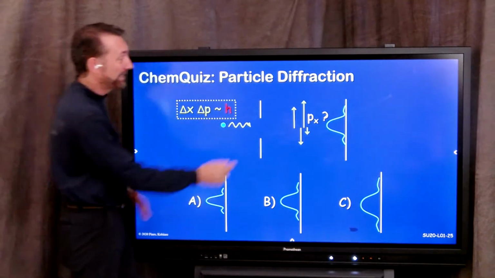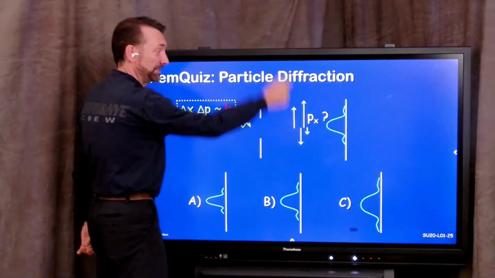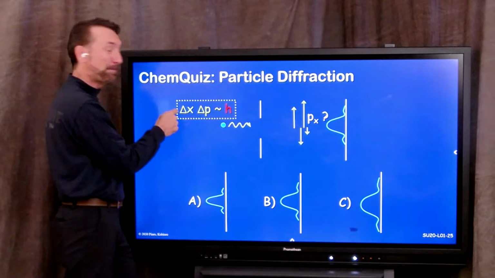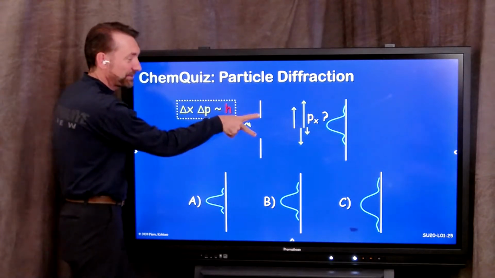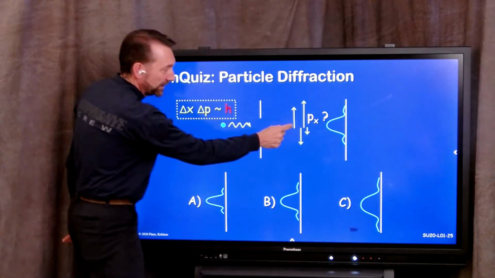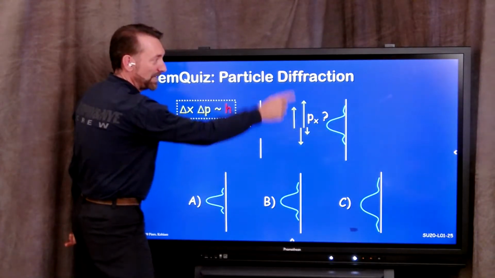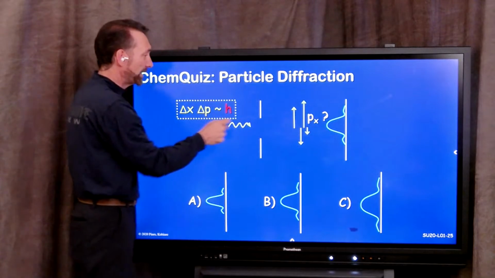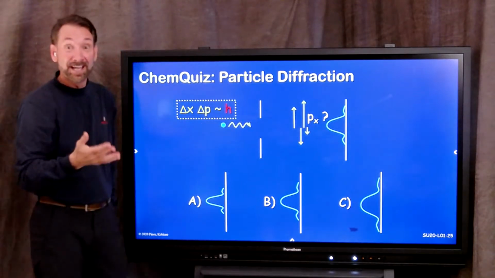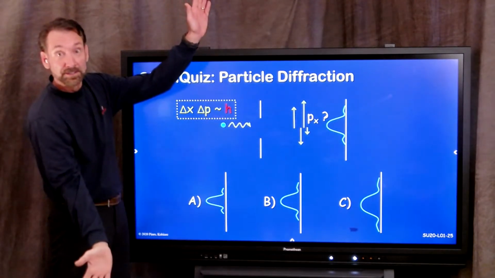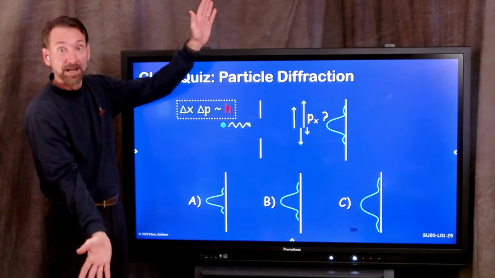So the momenta in the x direction, I know less about if I make this smaller. It could be small momenta, big momenta in the x direction. But the smaller the slit goes, the more spread that momentum will have.